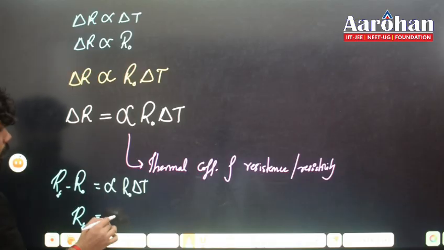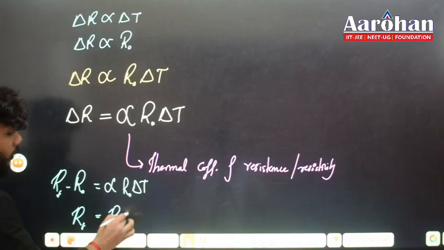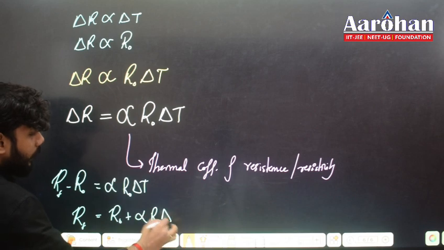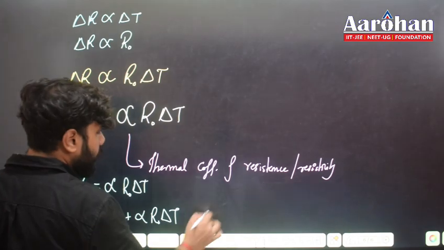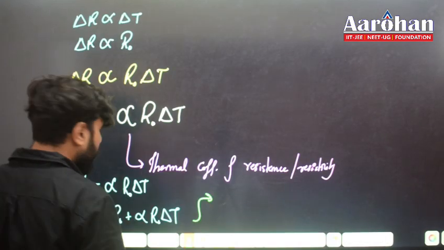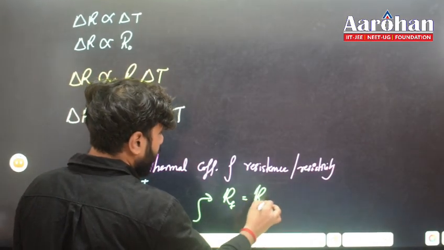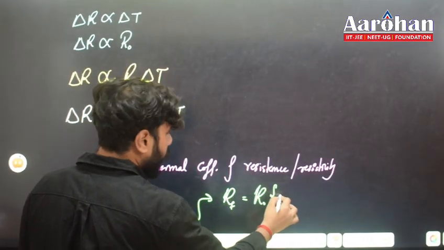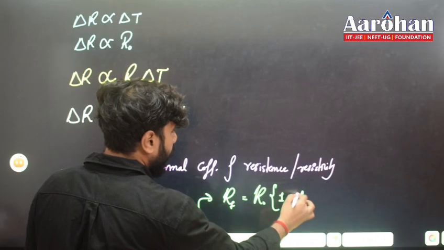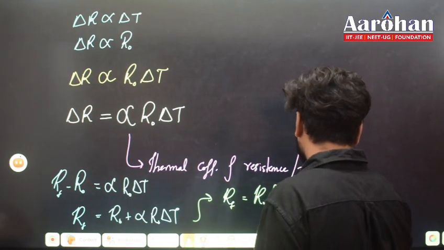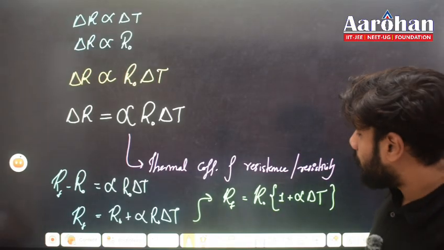If you send R naught there, you will get R naught plus alpha R naught delta T, and again you can generalize: R final, take R naught common, you will get 1 plus alpha delta T. Correct? This will be your equation.